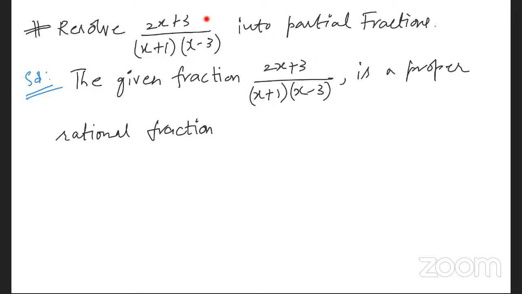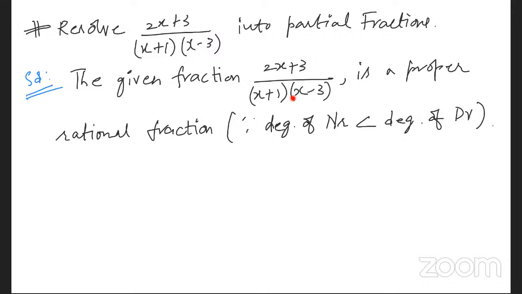How is this a proper rational fraction? Since the degree of the numerator is less than the degree of the denominator, or the degree of f of x is less than the degree of g of x. This is how you define whether the given fraction is a proper or improper fraction. Once this is a proper fraction, how do you resolve this into partial fractions?